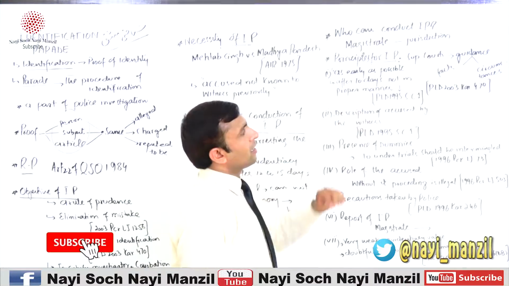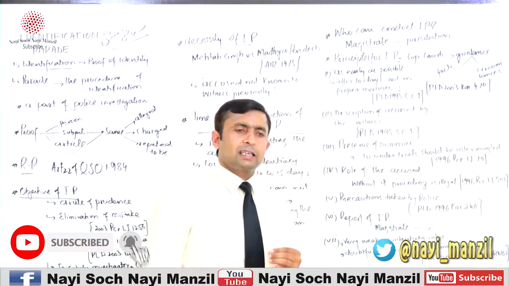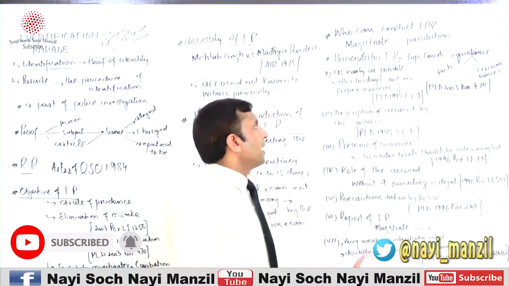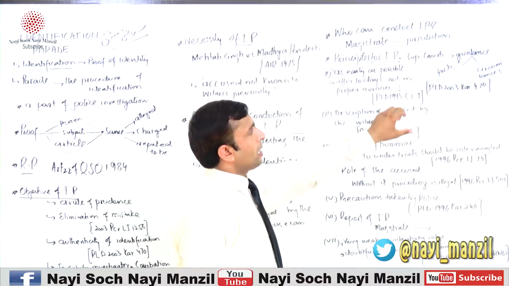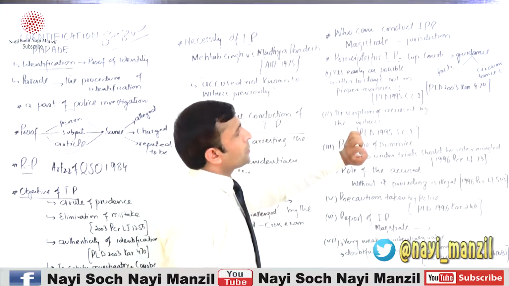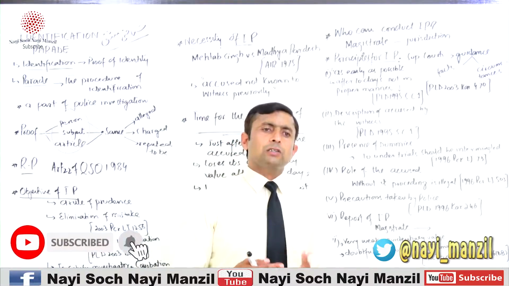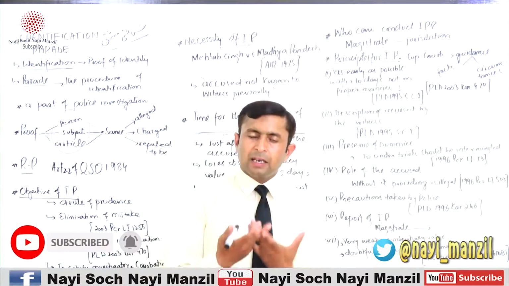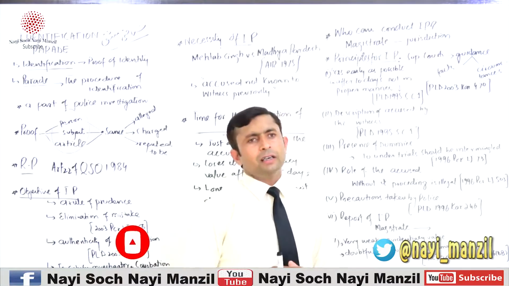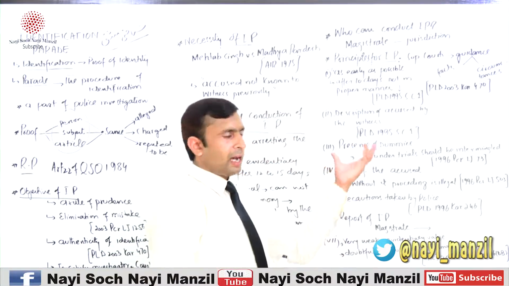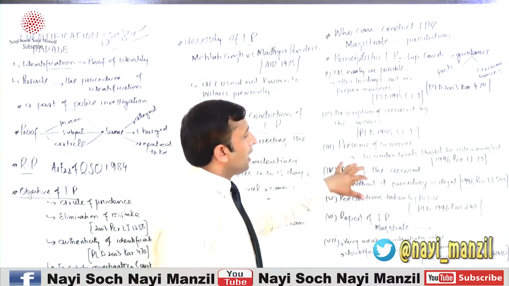After 10 days, if it is conducted, it is not in a proper manner. It is described in this case law. Description of accused by the witness: the witness should give a statement before the appearance or exhibition of the accused at the identification parade.